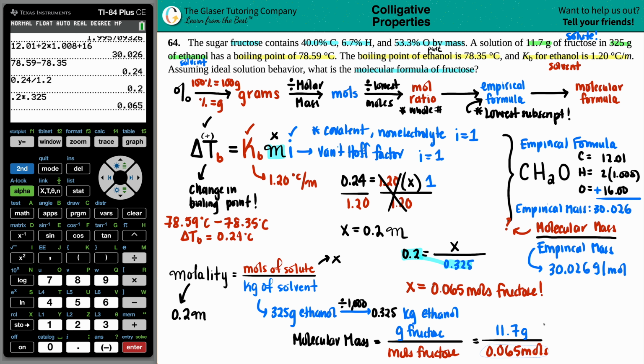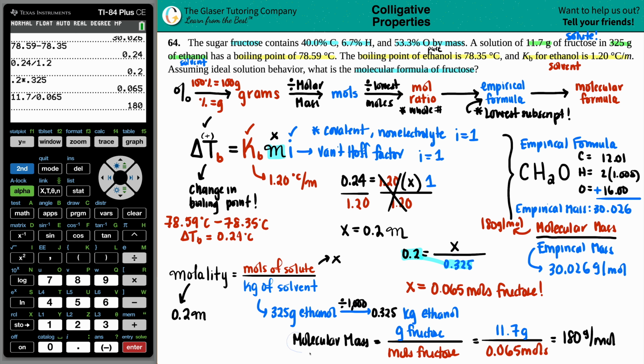Oh my goodness, we are about to bridge the gap between the two parts where we left off and now use all this information to find that molecular mass. 11.7 divided by this, and we have bridged the gap. Now we know that the molecular mass is 180 grams per mole. So going back to here, this ain't no question mark anymore. It's 180 grams per mole.